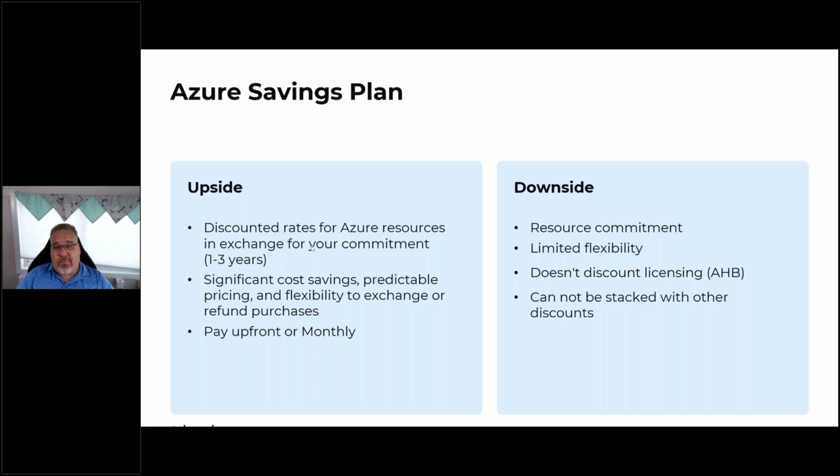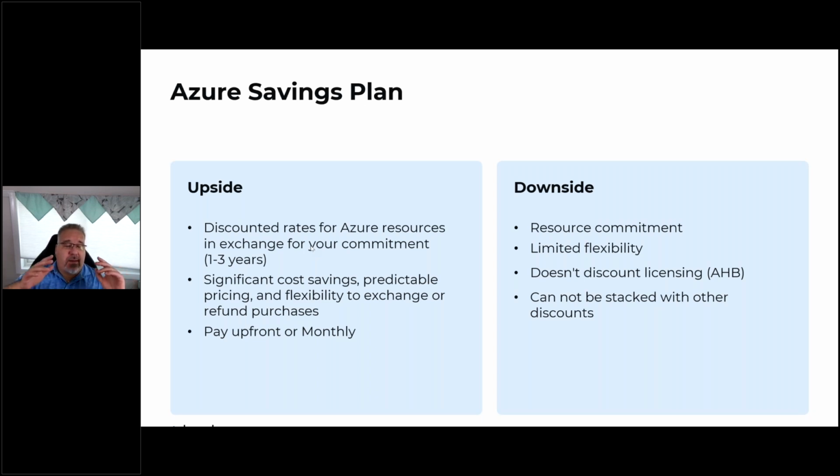So if you want to, drop that $1,000, if you have budget, for example, and you have to spend the money at the beginning of the budget season, you could do that, or you can pay monthly. Resource commitment. So you have to be committed to spending the money that you've invested in your savings plan. Limited flexibility. You can't apply that money outside of the savings plan.